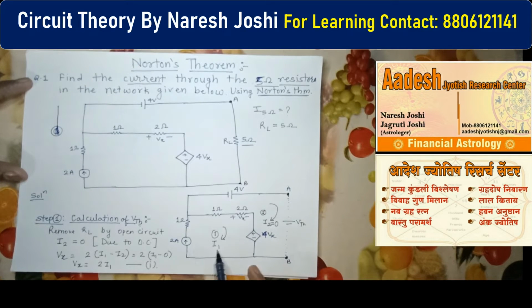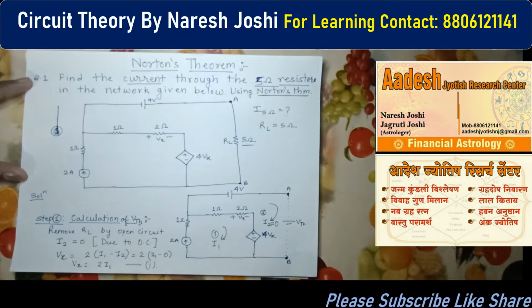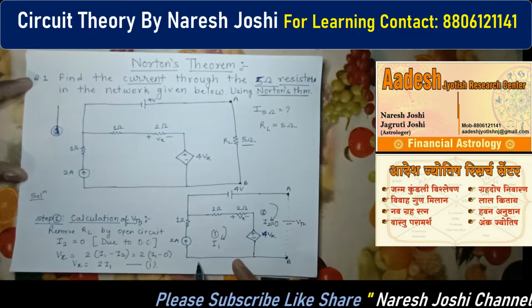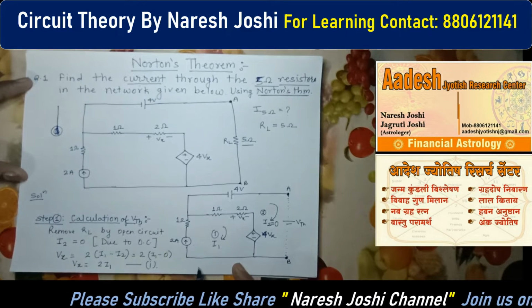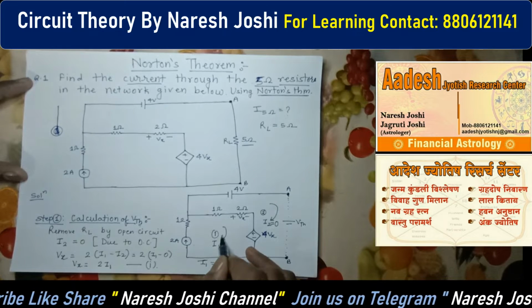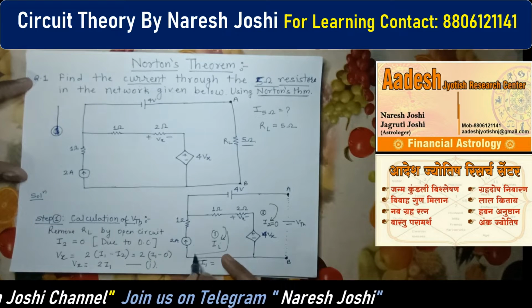Now what we have to do is apply KVL. Here you can see the current source is present outside the branch of this mesh, so the value of I1 we can obtain directly. Clear? What is that value? I will write it down here. You can see I1 equals, this is the direction of this current and this current, both are the same, because I1 is coming in this way and going in this direction.